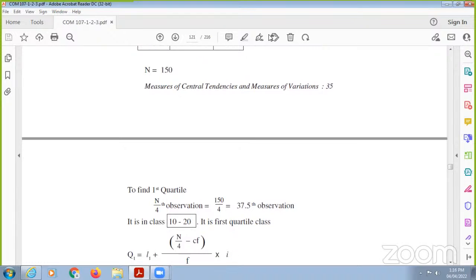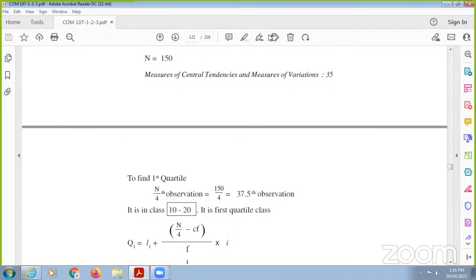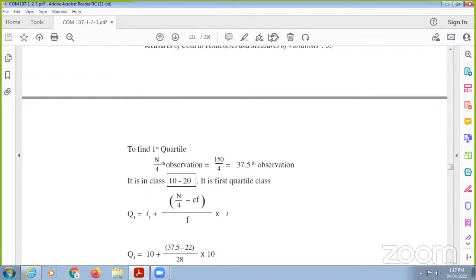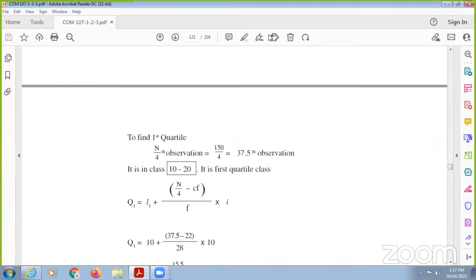The formula is quartile 1 is equal to L1 plus n upon 4 minus CF, in brackets, upon frequency, multiplied by i. That means quartile 1 is equal to 10 plus 37.5 minus 22, the cumulative frequency of the previous class, upon 28, the frequency of that class, multiplied by 10, the class width.